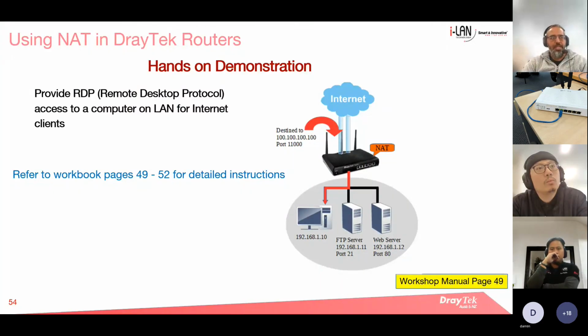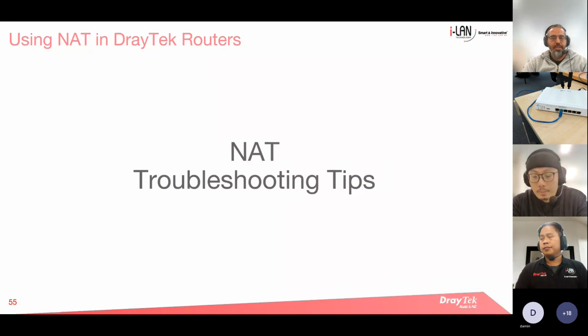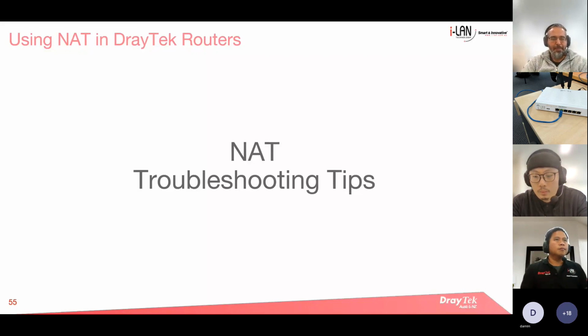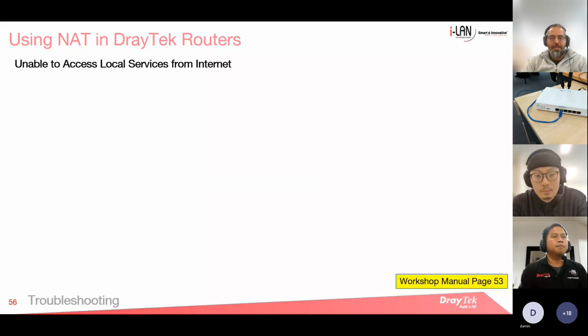You can find detailed instructions of what you saw on your screen in your workbooks from pages 49 to 52, if you want to refer back to it later. Now's the best part. Let's quickly go over some NAT troubleshooting tips that will help you.